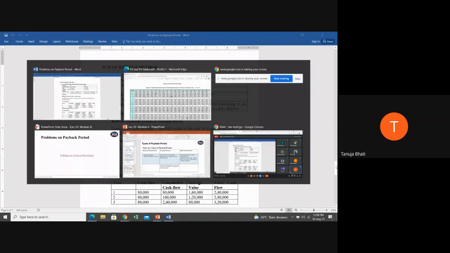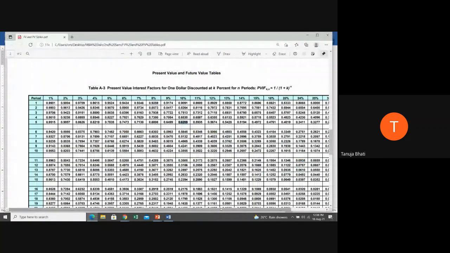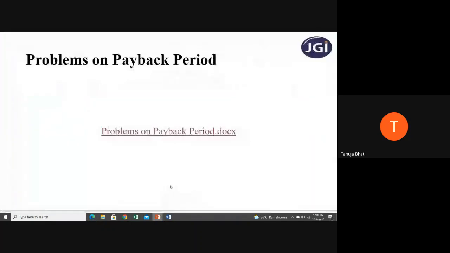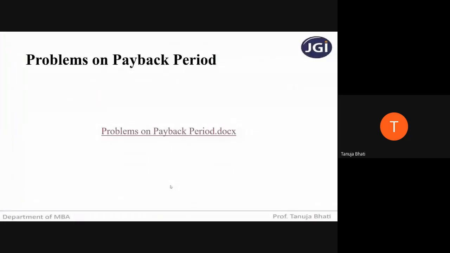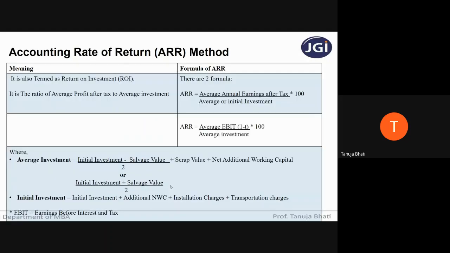Okay. Now let us go back to our slide. So we have completed what is payback period, what are the types of payback period, and the problems on payback period. Now, next, let us see what is accounting rate of return method. This is also one traditional method of investment evaluation techniques, that is, capital budgeting techniques.